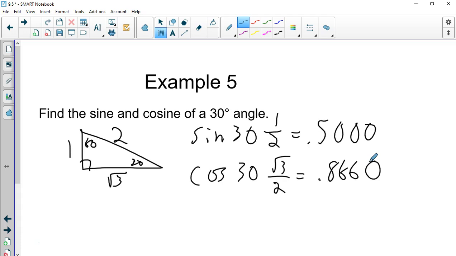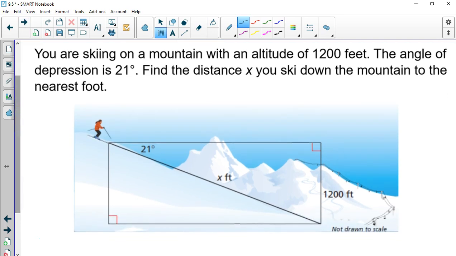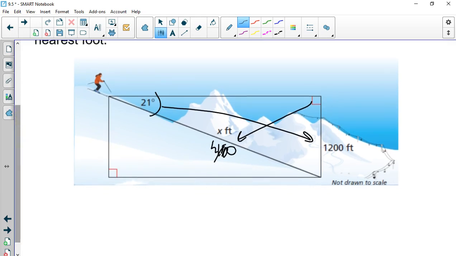And one last example here. A little skiing. So, the altitude is 1200. The angle of depression here is 21 degrees. Well, 1200 is the opposite side. We're trying to find the actual distance on the slope, our x, which is our hypotenuse, which is always opposite the right angle. So this is a simple sine problem. We have opposite and hypotenuse.